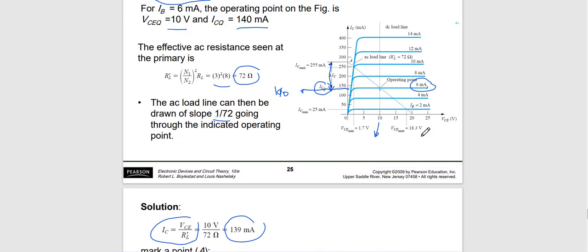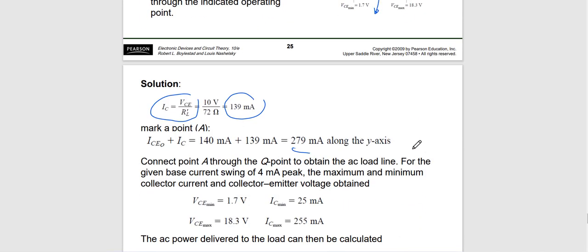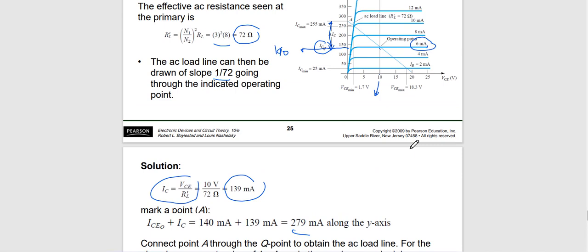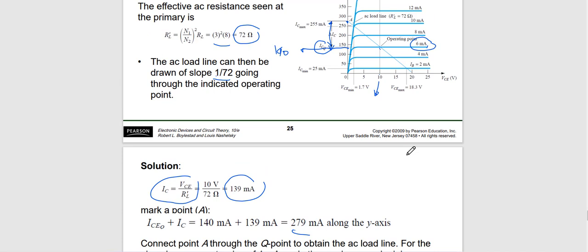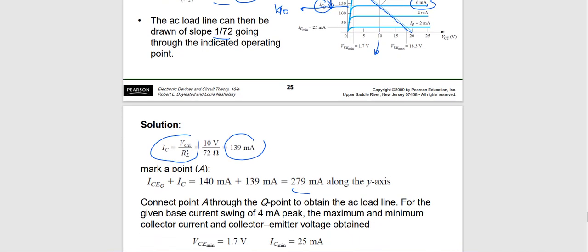Okay, so 279 is like this one here. Then we connect point A to the operating point here, and we can get this line.